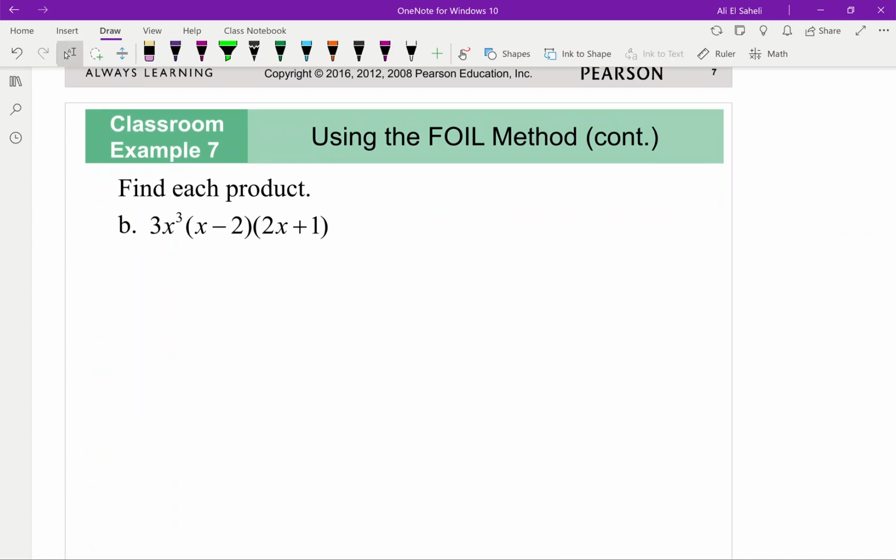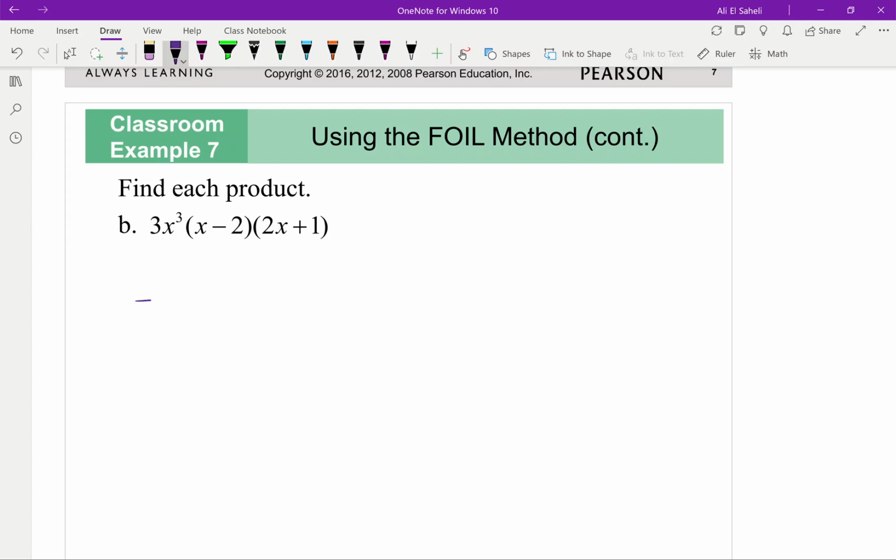Okay, now we have three terms. So we can multiply this by this first, and then multiply by this. And you can arrange them in any form you like. You can multiply this with this first, then you multiply this. Okay? But I will start from left to right.